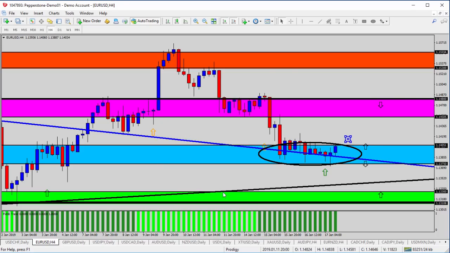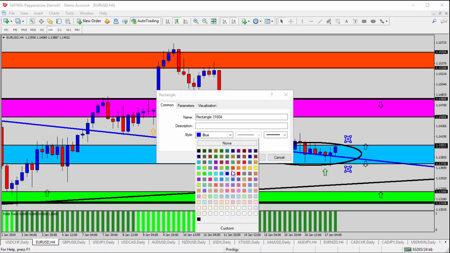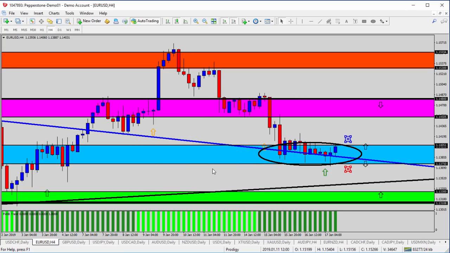So will it break above and start its journey higher, or will it eventually break below the blue zone and start its journey lower? We don't see either one of those things happening quite yet. So I think that's the patience we have to have, at least here today: let's see whether it's going to break above or break below.